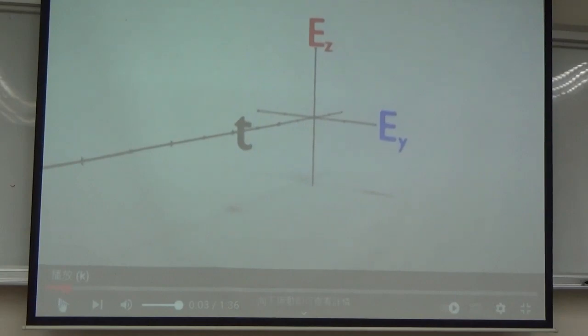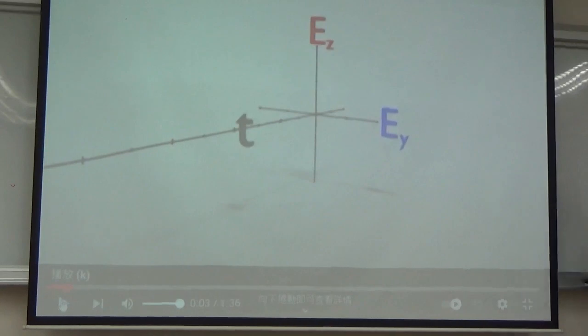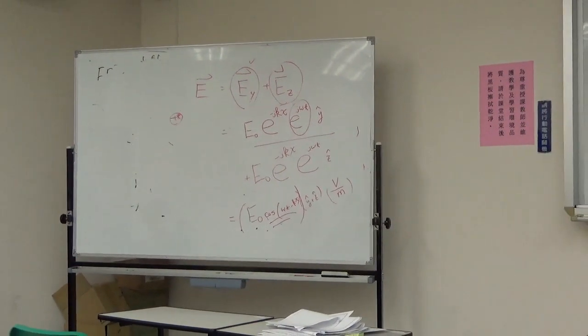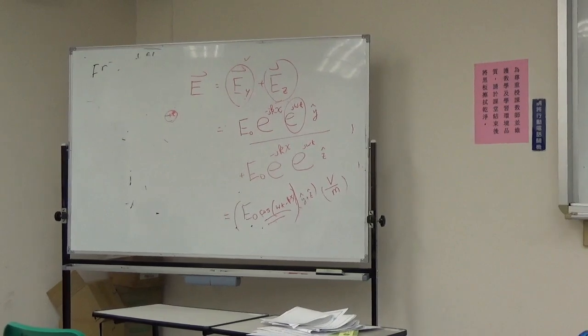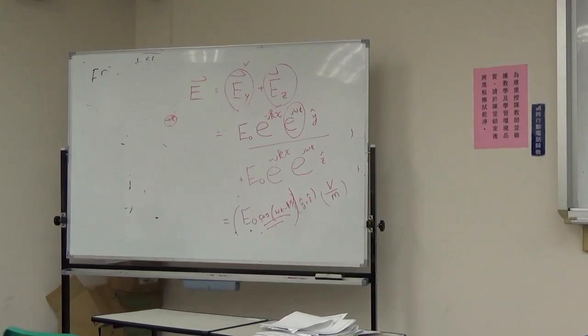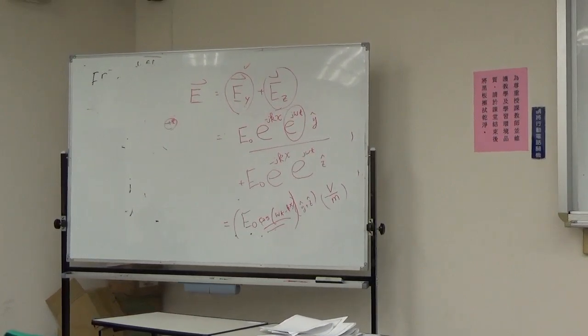Of the exponential, you have only the real part. So the equation, one is a red one, one is a blue one.